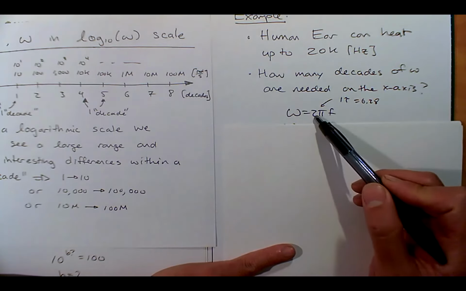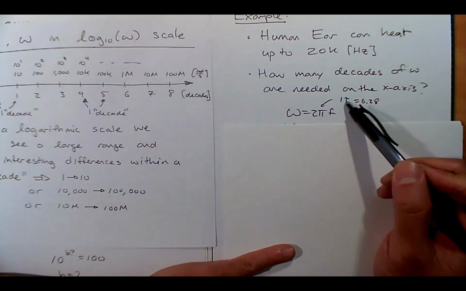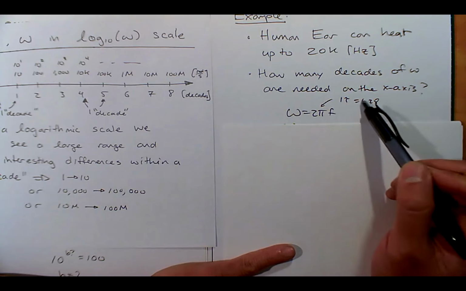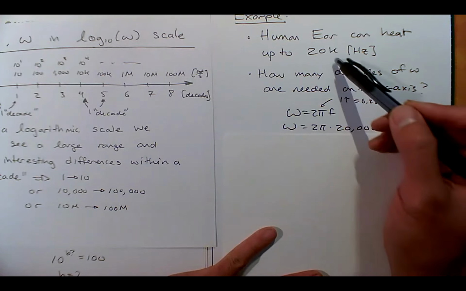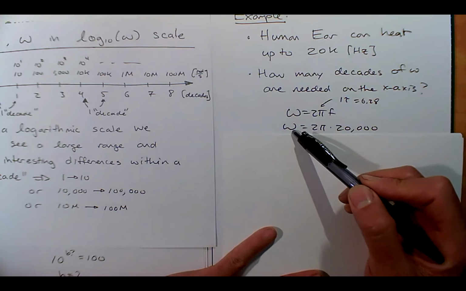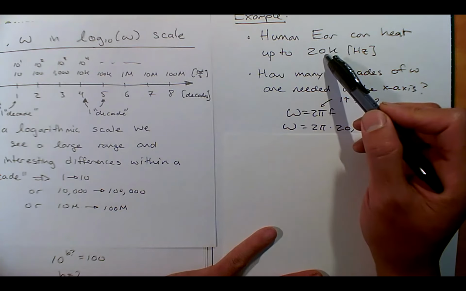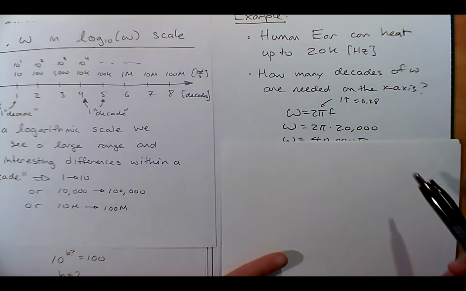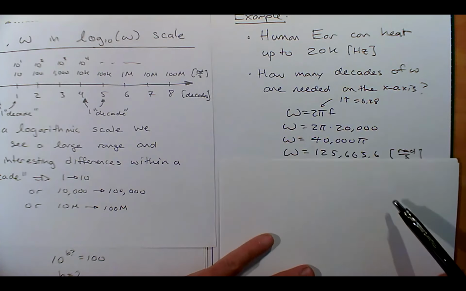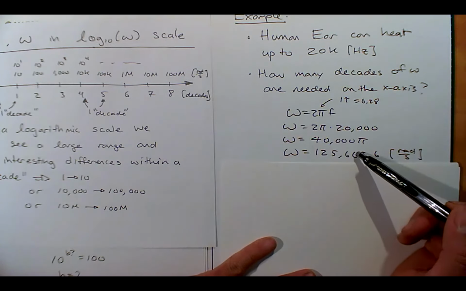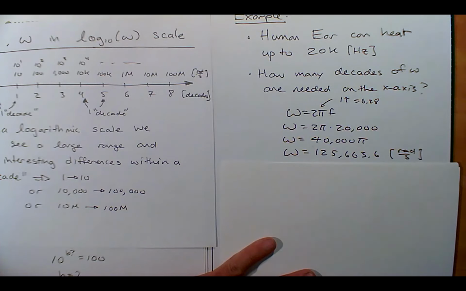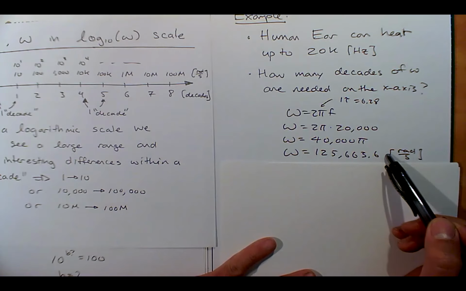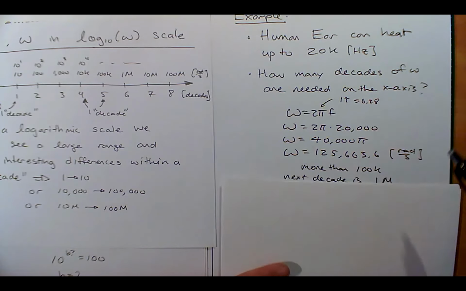Remember I had that rant on pi versus tau. 2 pi is 1 tau, 6.28. So omega is 2 pi times 20,000, the largest frequency we can hear in radians per second. That's 40,000 pi, which on a calculator is approximately 3 times 40, which is 120,000 radians per second.